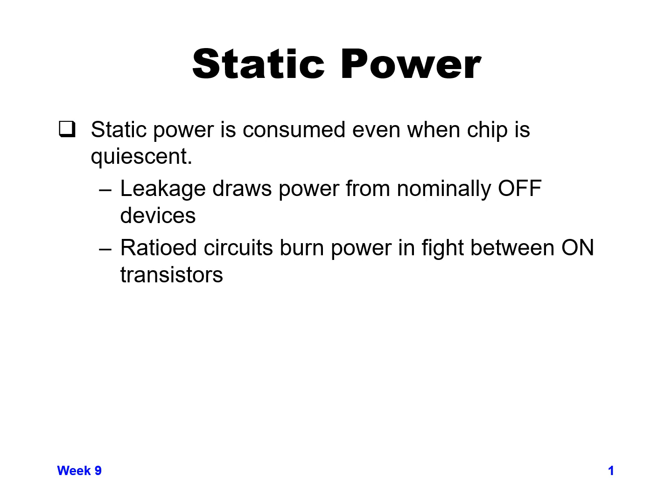That device that's trying to pull up to a 1 isn't just leaking, it's not turned off, it's actually turned on, it's just not a really strong device. And so that's not leakage power because it's not turned off, but it's active contention power almost, that is going to be drawing a lot of power.